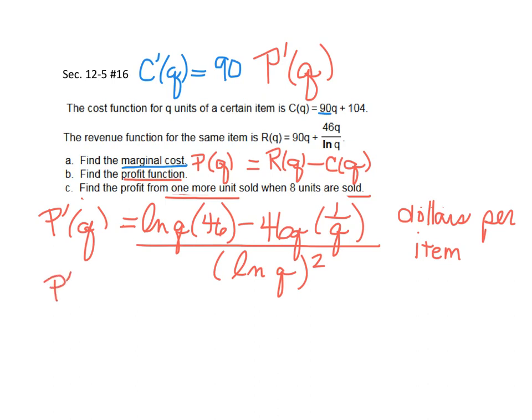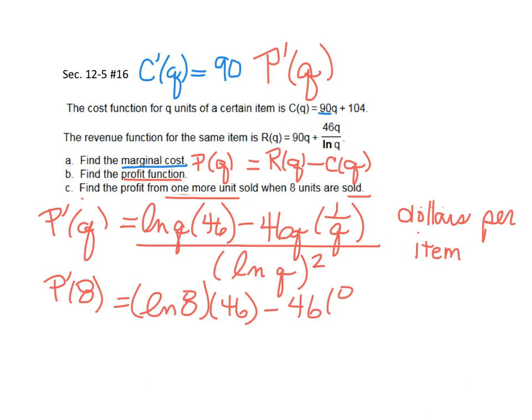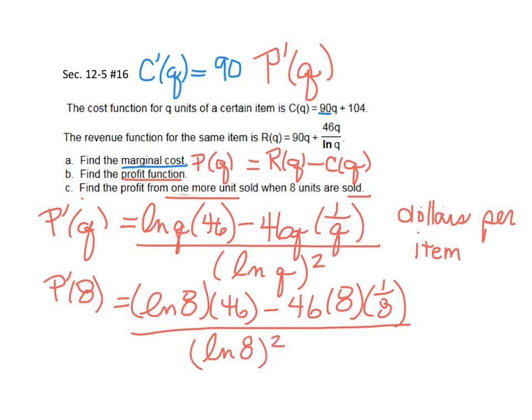That would be P prime of 8, which is equal to the natural log of 8 times 46 minus 46 times 8 times 1 over 8, all divided by the natural log of 8 squared. So now we need to do some arithmetic.